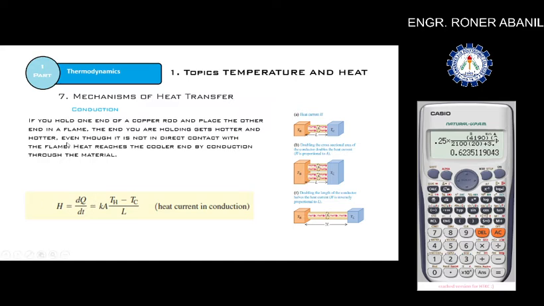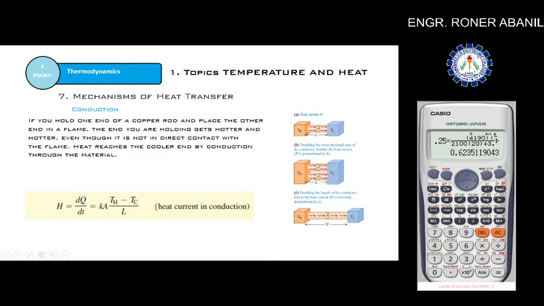So, pinakaunang part natin is yung conduction na nag-o-occur within a body or between two bodies in contact. Okay? So, yung convection naman depends on motion of mass from one region of space to another. So, radiation naman is the heat transfer by electromagnetic radiation such as sunshine with no need of matter to be present in space between bodies. So, focus muna tayo sa tinatawag na conduction.